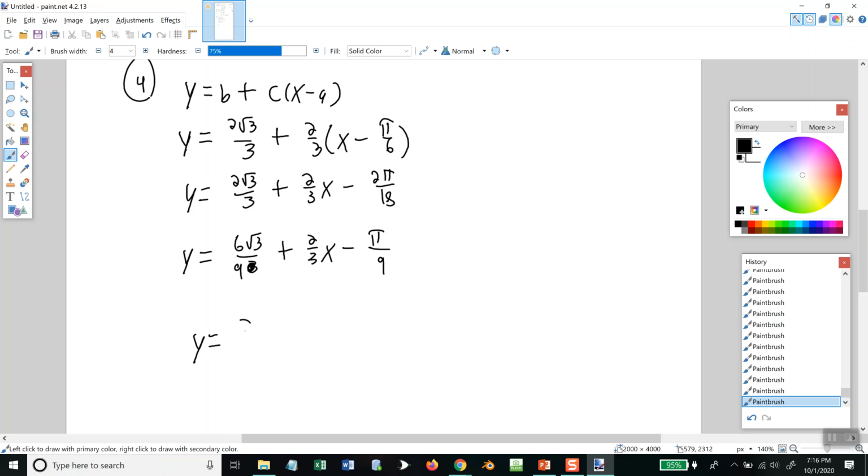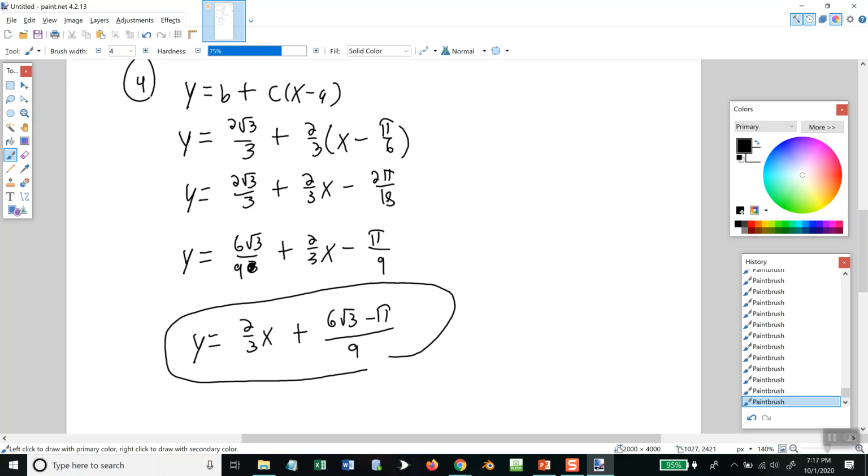So I'm going to have y is equal to 2/3 x plus, these have the same denominator, so I'll put them together. I got 6 square root of 3 minus pi over 9. And that'd be our answer.